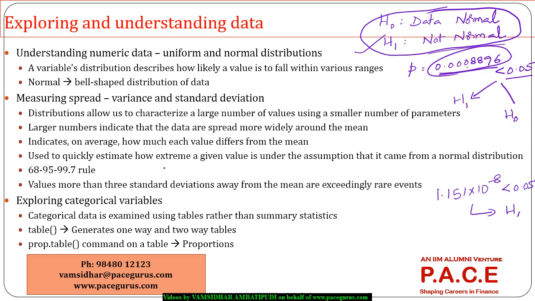So we need different mechanisms to understand how to make it more and more normal, or whether the variable is following any other kind of distribution. There are many such distributions, which are nothing but frequency patterns. If I am drawing a frequency histogram, I am getting some kind of shape of the histogram.